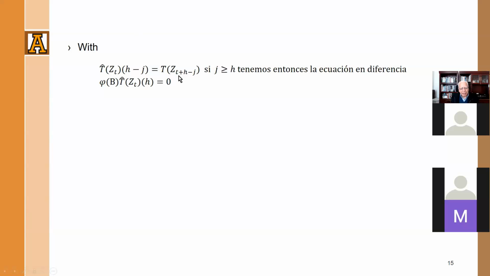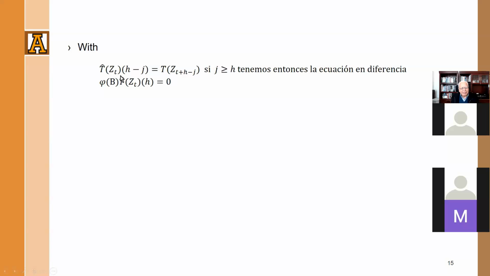For example, if h is equal to 1 and j is equal to 1, we'll have z_t. If h is equal to 1 and j is equal to 2, then we'll have z_{t-1}, and so on. So that's already in the past.